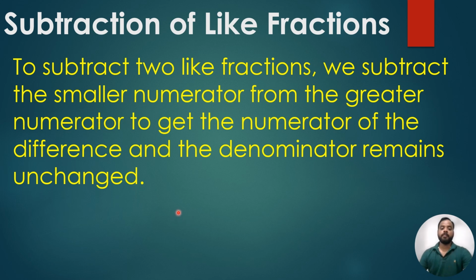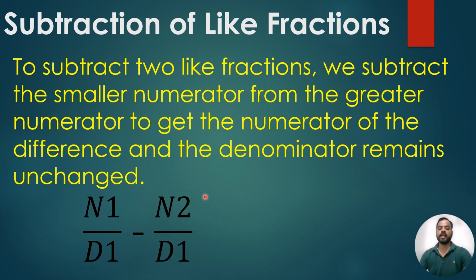It means if we want to subtract two like fractions, the denominator will be the same, but to get the numerator, we have to subtract the smaller numerator from the greater numerator. So let us understand through an example.